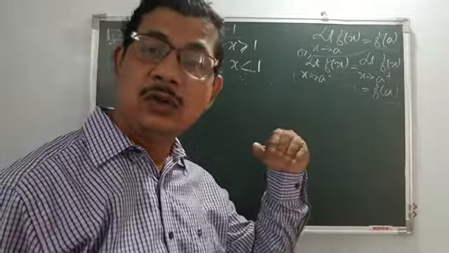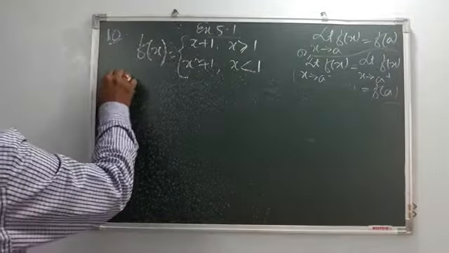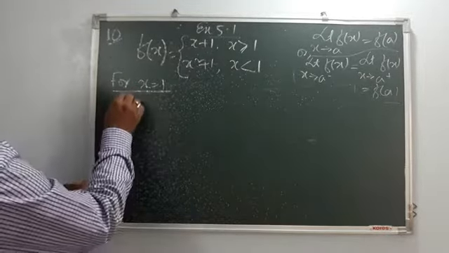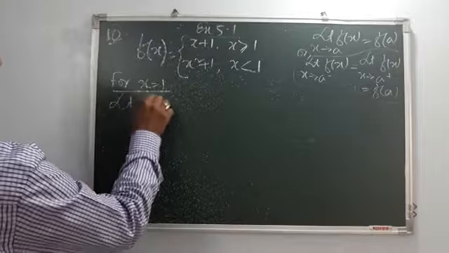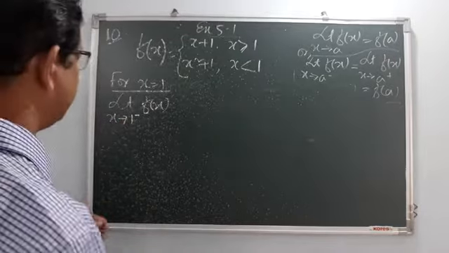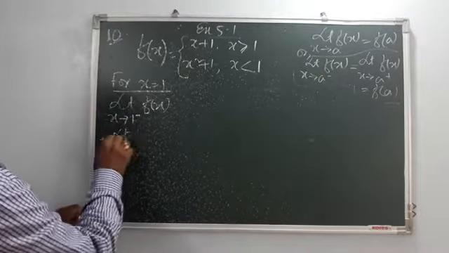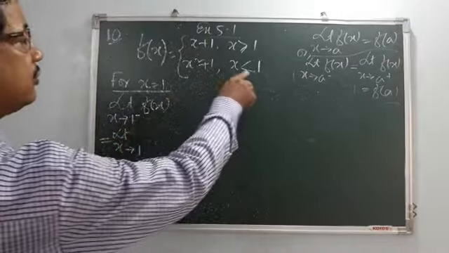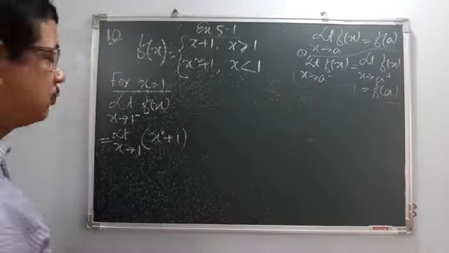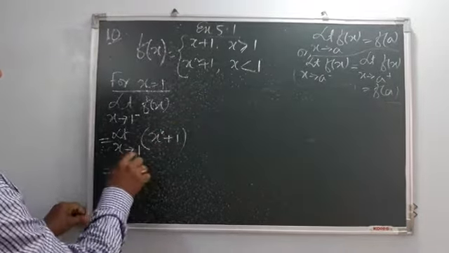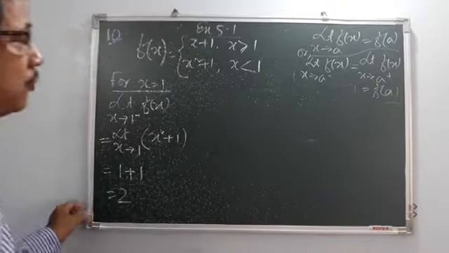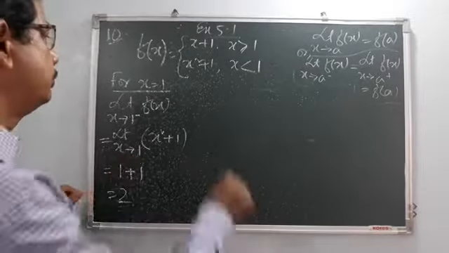For x equals 1, LHL, that is limit of f(x) as x tends to 1 minus, means a little less than 1. If it is less than 1, we can replace f(x) by x square plus 1. Now if we draw the limit, then 1 square plus 1, that is 2 only. So the left hand limit is 2.